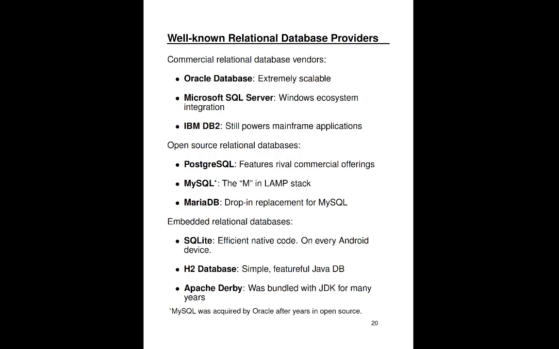There are also some very good open source relational databases. So PostgreSQL is really meant to rival the commercial offerings of the first three by offering lots of scalability, very efficient access, but it's open source, and so this is very popular, especially in cloud-based applications. AWS and Azure make it very easy to provision and manage these databases.